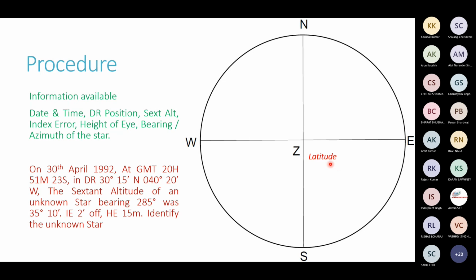I will first fill up the latitude. You can see the latitude highlighted in red in the diagram. Now the radius of this rational horizon diagram is 90 degrees. How can we understand this radius as 90? You see the zenith is the point which is directly overhead of us, and its altitude is 90 degrees.